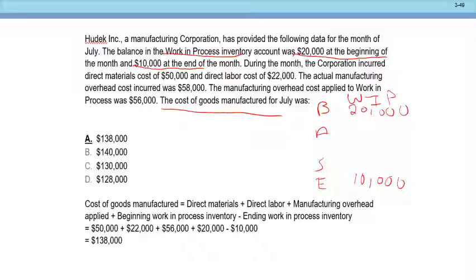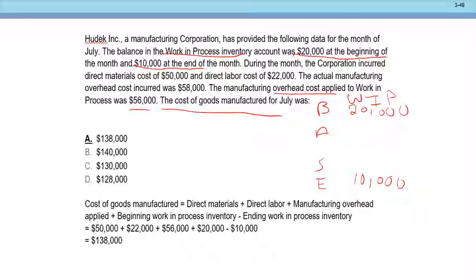Then what? Then they tell me during the month the corporation incurred direct materials of 50, direct labor of what? 22, and the actual manufacturing overhead was 58,000, but the applied was what? 56. Which one do I pick up? The actual, I pick up the applied, okay?